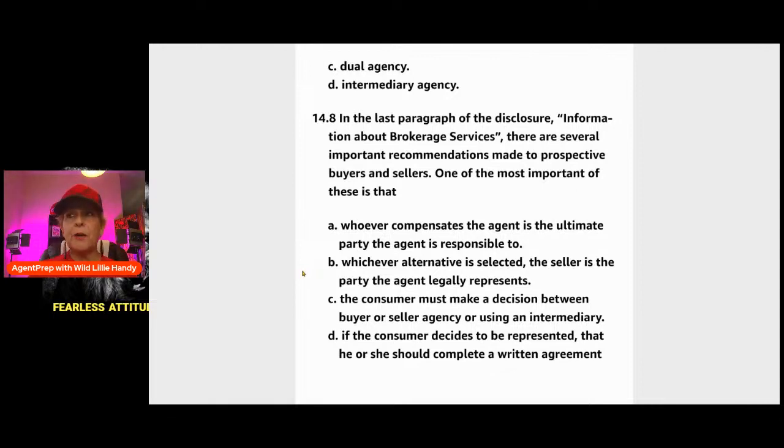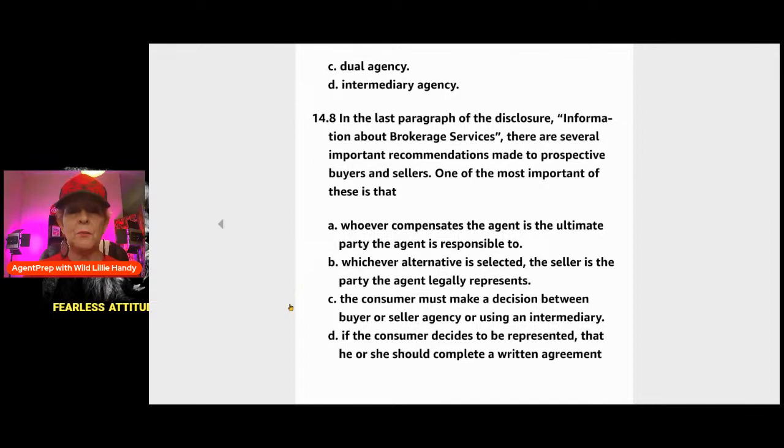In the last paragraph of the disclosure information about brokerage services, IABS, there are several important recommendations made to prospective buyers and sellers. One of the most important of these is that what? A, whoever compensates the agent is the ultimate party that the agent is responsible to. B, whichever alternative is selected, the seller is the party the agent legally represents.